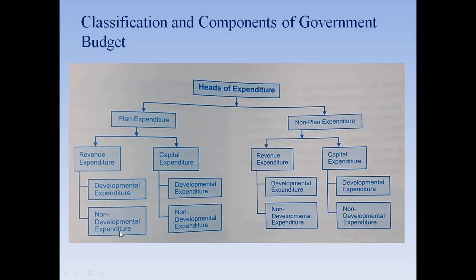In the example of developmental expenditure, it can be the building up of infrastructure, communication, transportation, technology, banking, hospitals, education, construction of roads, etc. So that is your developmental expenditure.